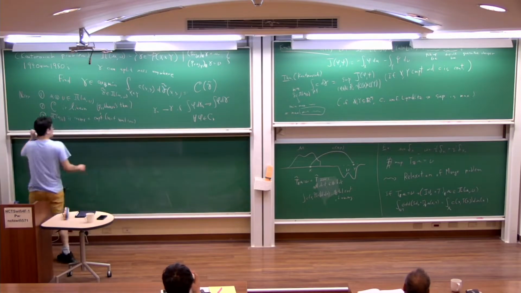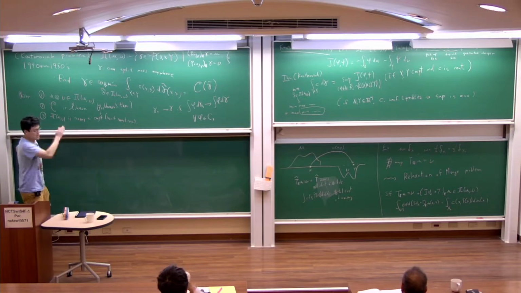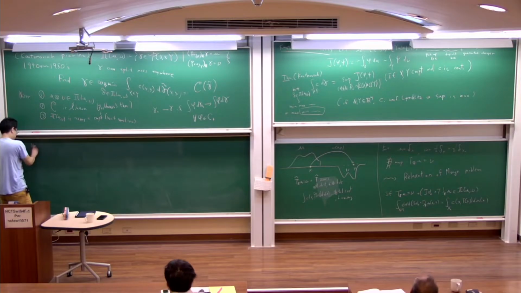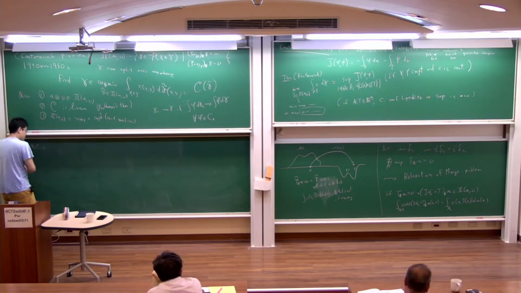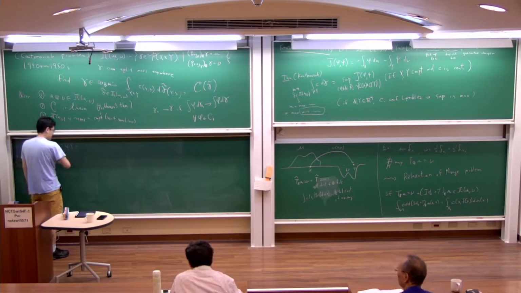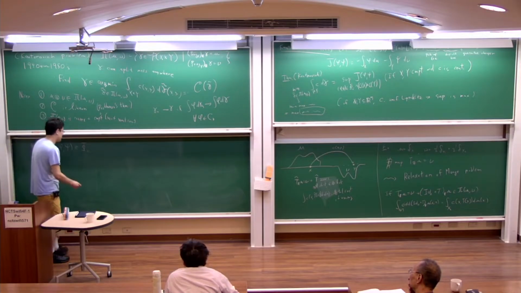And that's where you get some kind of compactness, for example, so you can get a maximum instead of a supremum. So notice, okay, if I have a pair phi and psi which is in this set, right? Then I can define the following.